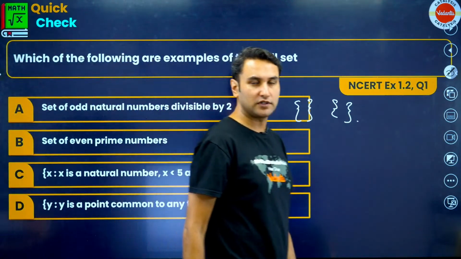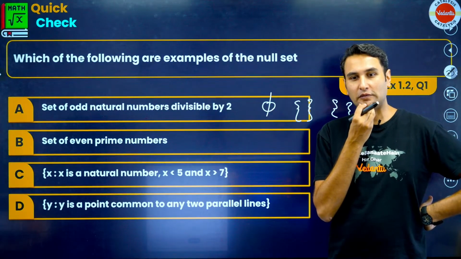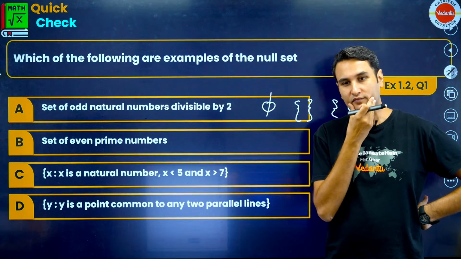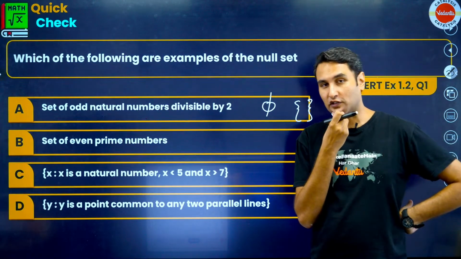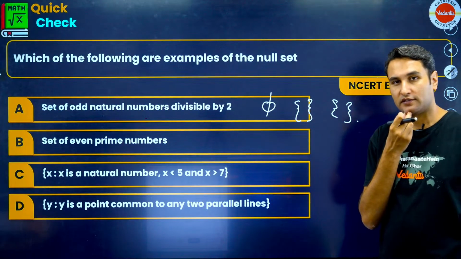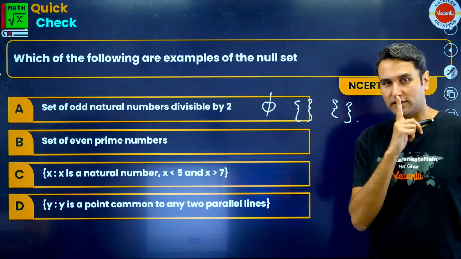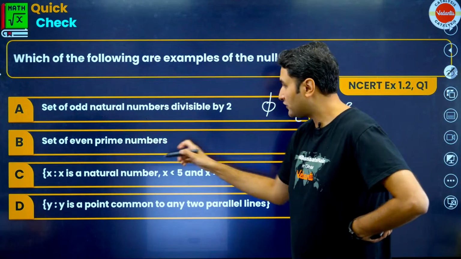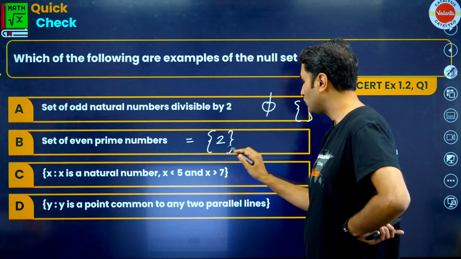Now, set of even prime numbers. Is there any even prime number? A prime number which is also even. What are the prime numbers? 2, 3, 5. Oh yes, there is one. So the set of even prime numbers will give you a single element, 2.